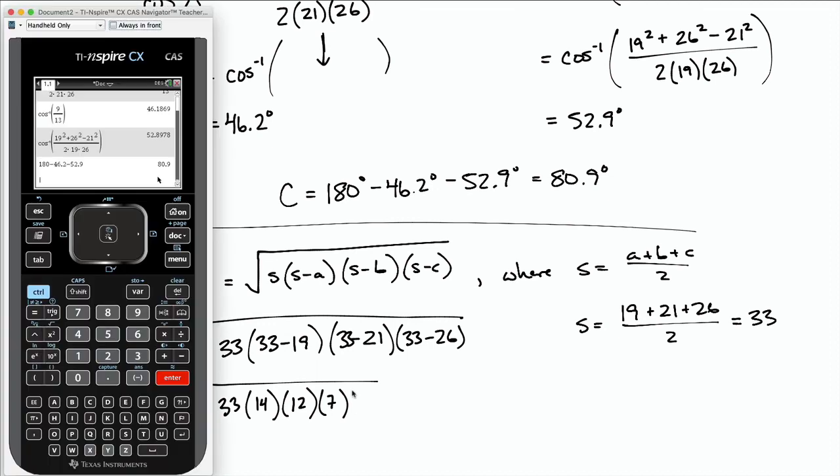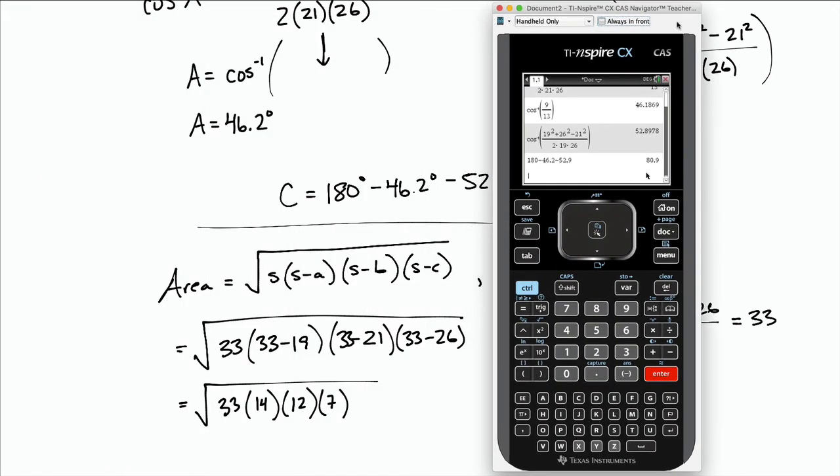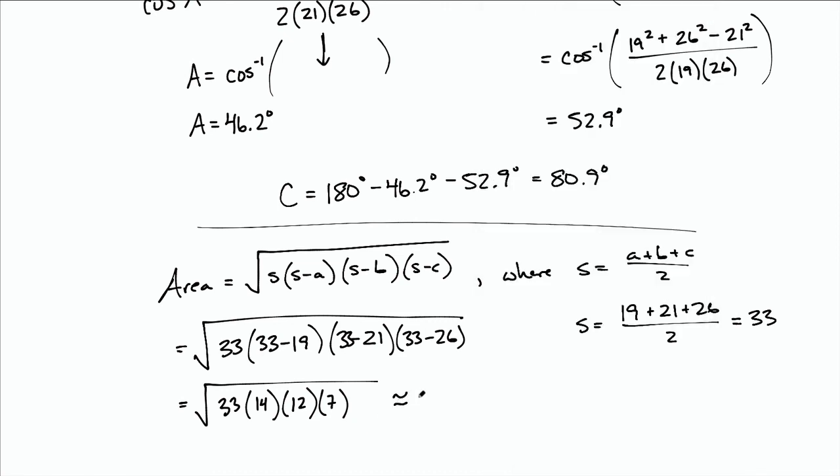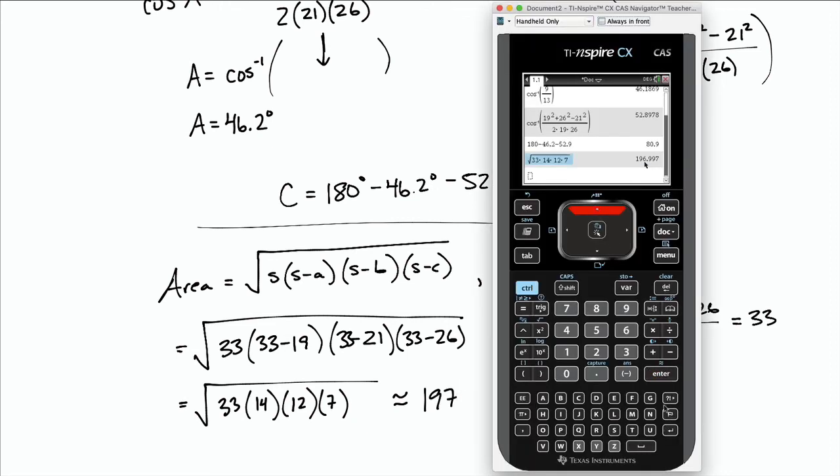Let's plug that into our calculator. The square root of 33 times 14 times 12 times 7, and we get about 197. Or if you wanted an exact form, you could just say 42 root 22.